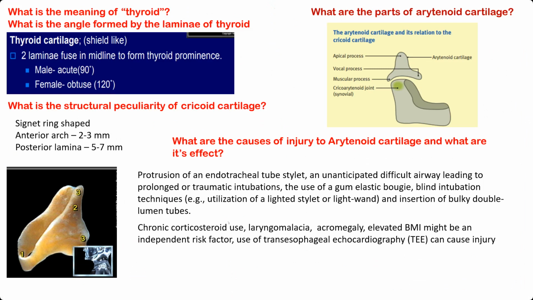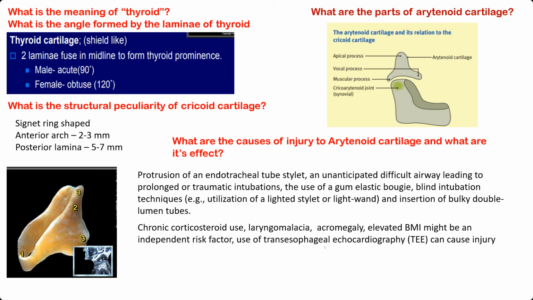For example, patients with bronchial asthma who have been using corticosteroids for long, both oral and inhalational, or patients who have laryngomalacia, or patients who have acromegaly, or obese patients with a higher BMI, they also run the risk of injury to arytenoid cartilage because of difficulty in intubation.